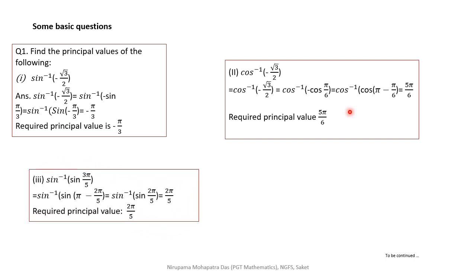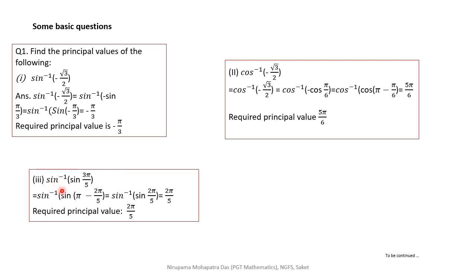And the third one is sine inverse sine 3 pi by 5. Here is the common mistake children make: sine inverse sine x equals x. So the answer actually can't be 3 pi by 5, because 3 pi by 5 is beyond the principal value branch. We have to reduce this value to the principal value branch of sine inverse, which is the closed interval minus pi by 2, pi by 2.